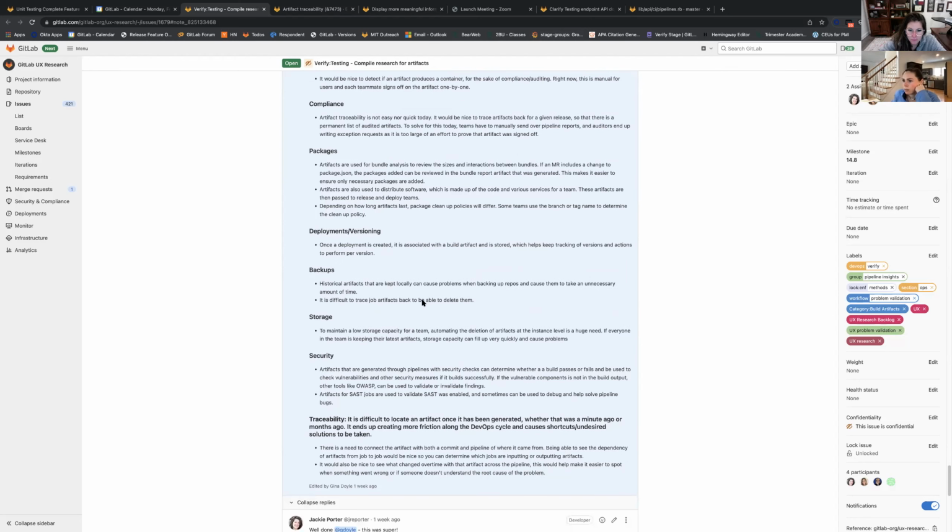I thought that was a really interesting problem to solve. Definitely hard, but I think visualizing that in some way could make it easier. This also relates to traceability, to make it easier to trace it back and find problems, I guess.